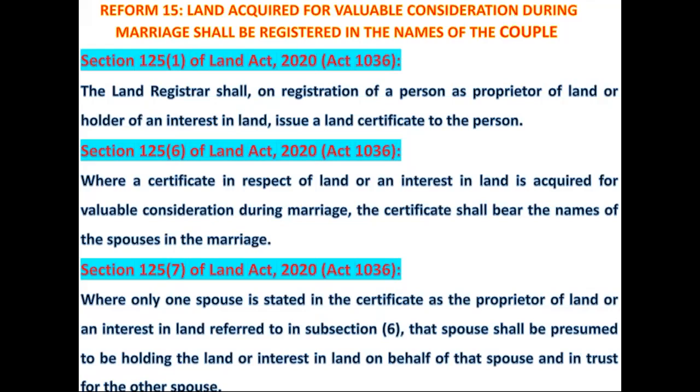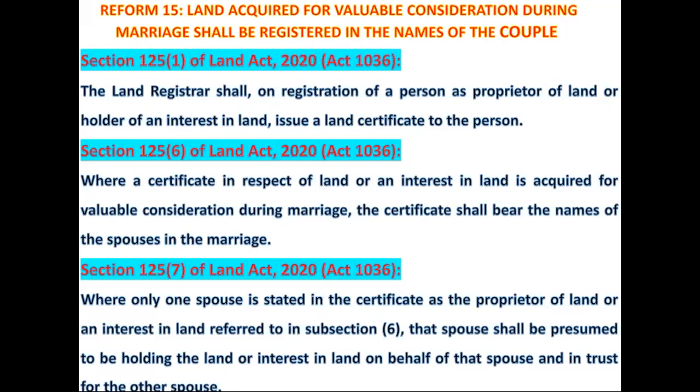It says that the land registrar shall, on registration of a person as proprietor of land or holder of an interest in land, issue a land certificate to the person. Then the interesting one that I like so much is section 125, subsection 6, and subsection 7.